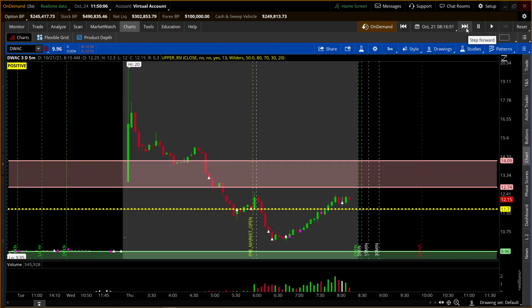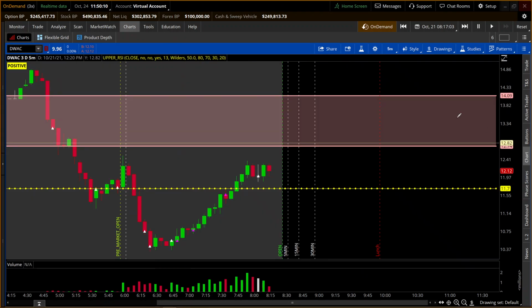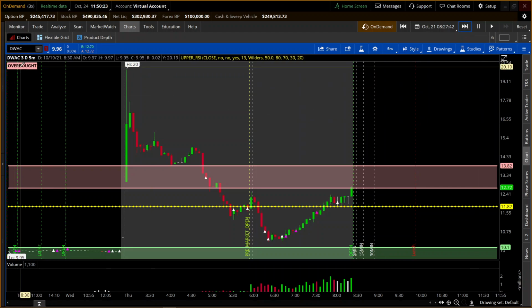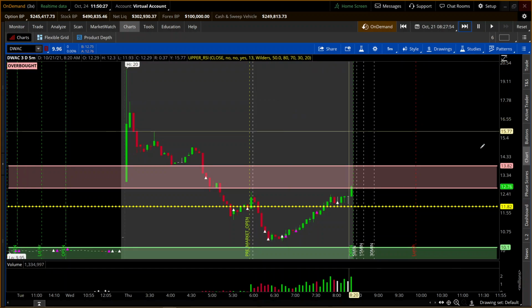So I'm gonna fast forward it. I really wanted to see it at market open. As you can see right now, you have a label that also pops up on the right when it's overbought.